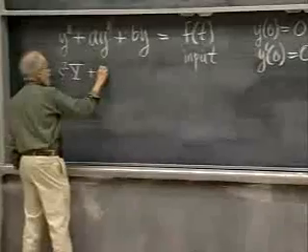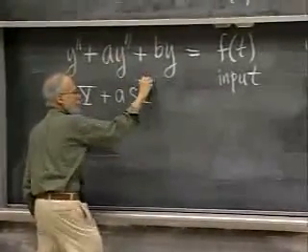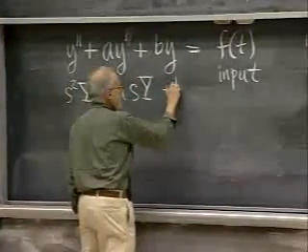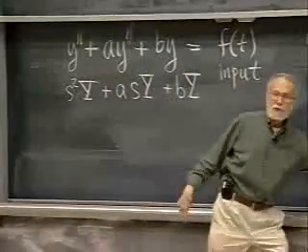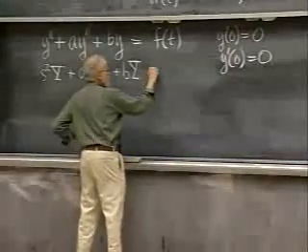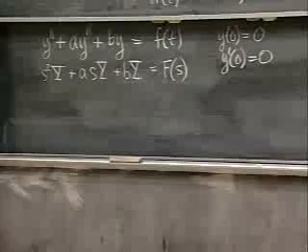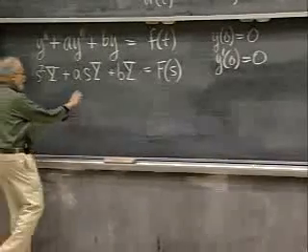This part will be a times sY. Again, no other terms because the initial conditions are 0. Plus b times Y, and all that is equal to whatever the Laplace transform is of the right-hand side. So it's F of s. Next step. This is an easy problem.